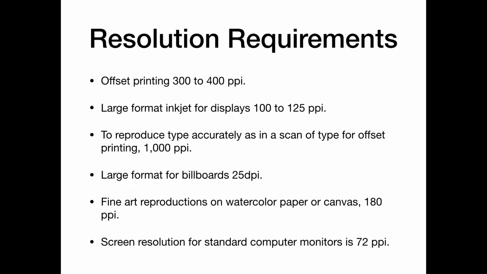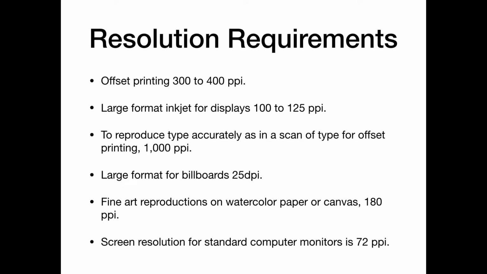Offset printing, which is traditional printing for large press runs, requires 300 to 400. Your top printers will ask for a little extra res, especially if they're using FM screening, which makes it look like continuous tone. So that's your highest res.